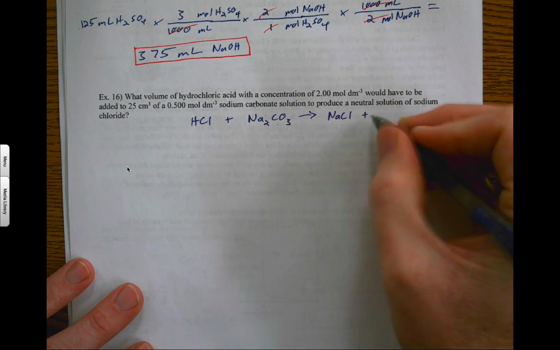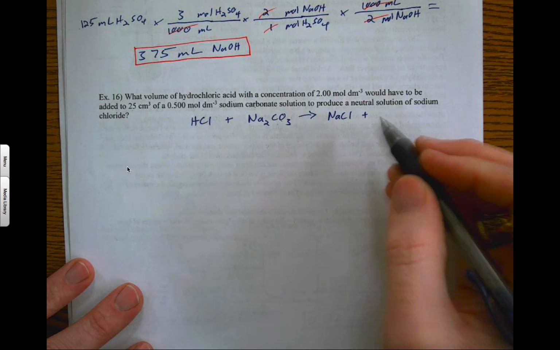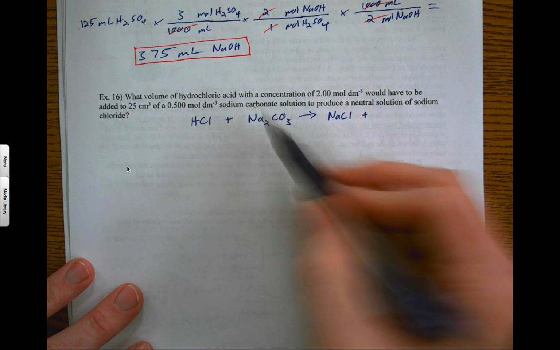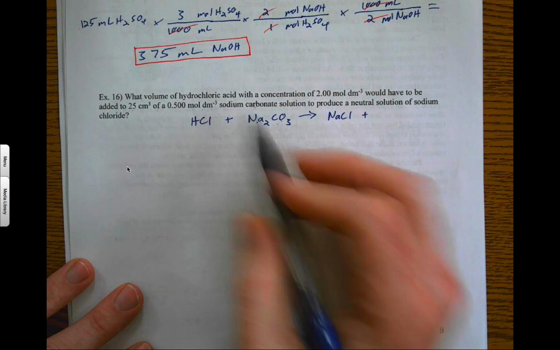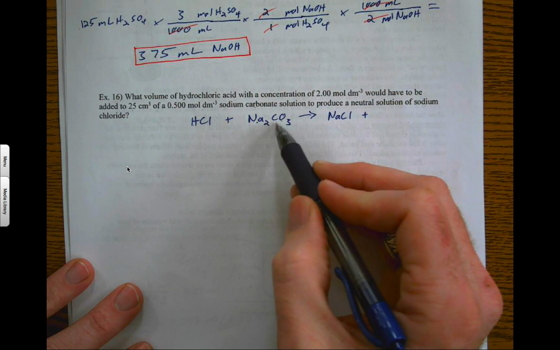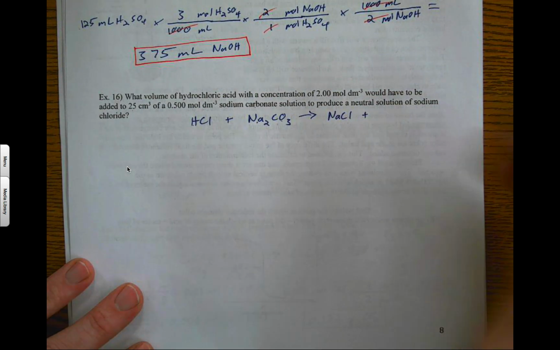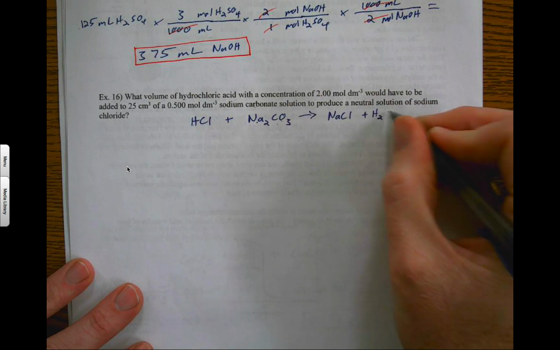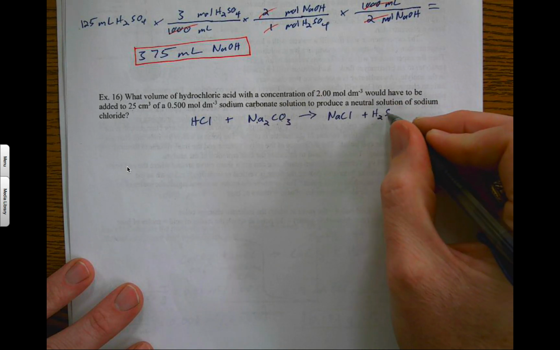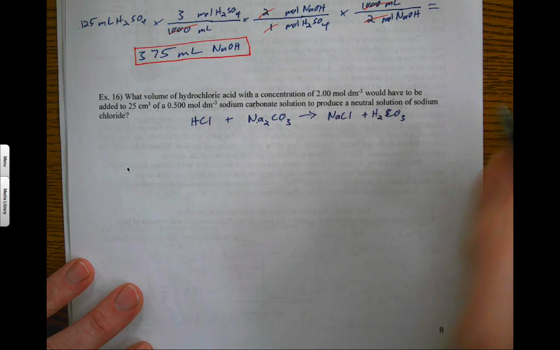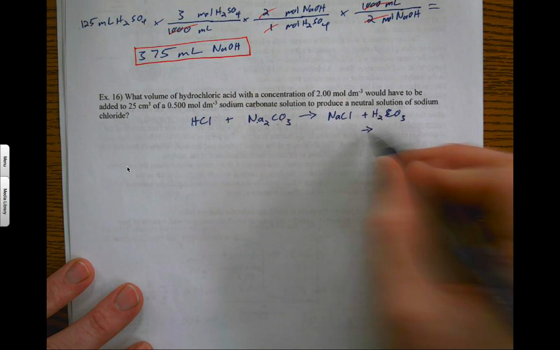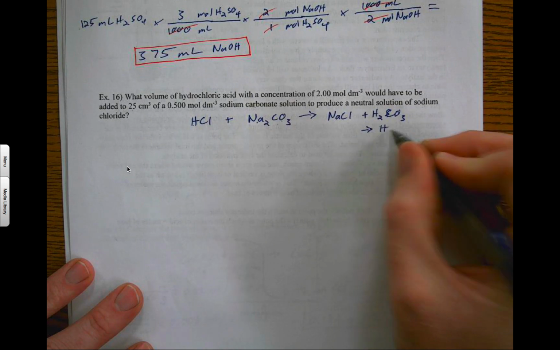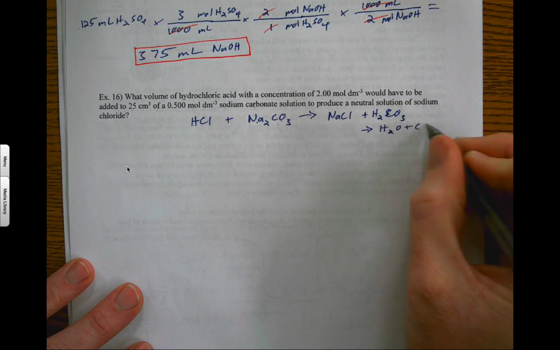and this is similar to the last one, where the sodium and the chlorine will pair up, and then the hydrogen forms with the carbonate and should make H2CO3. But H2CO3 spontaneously decomposes into H2O and CO2.